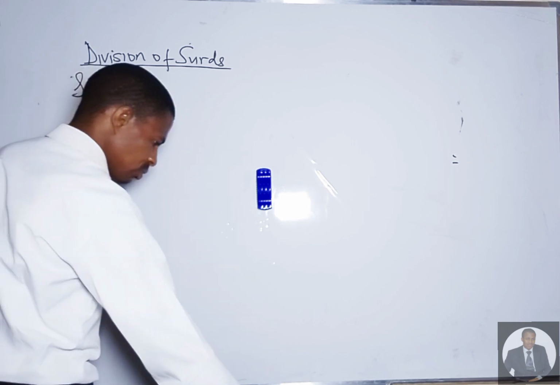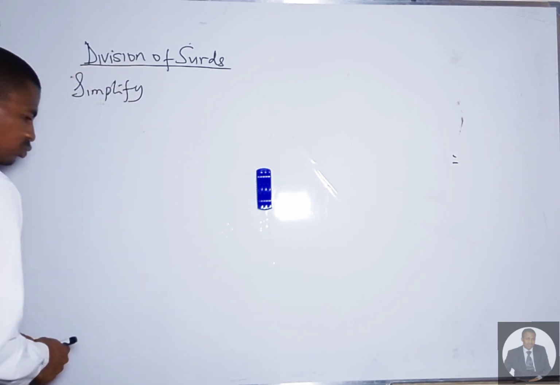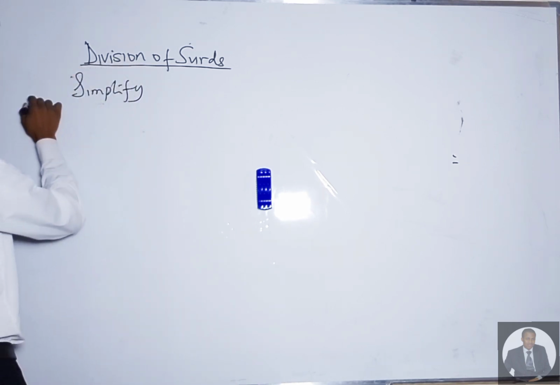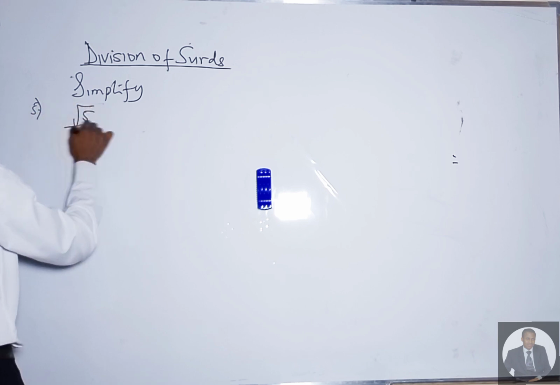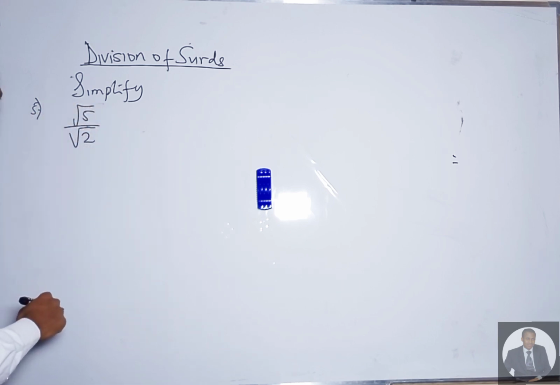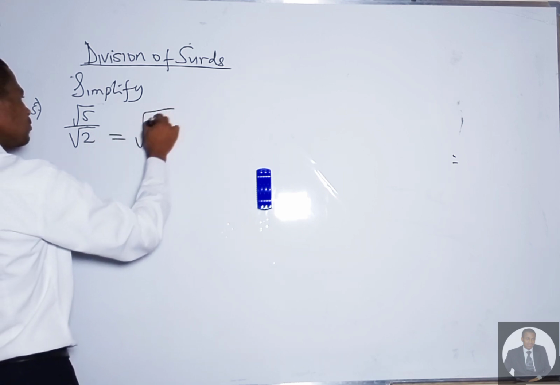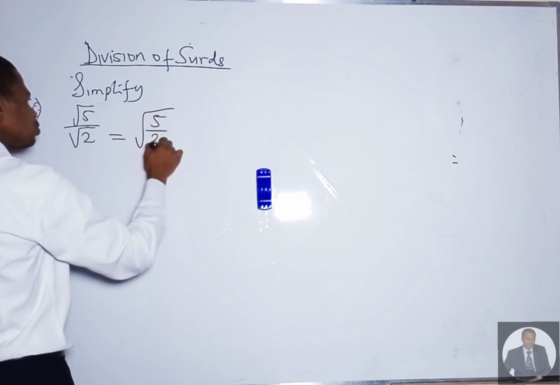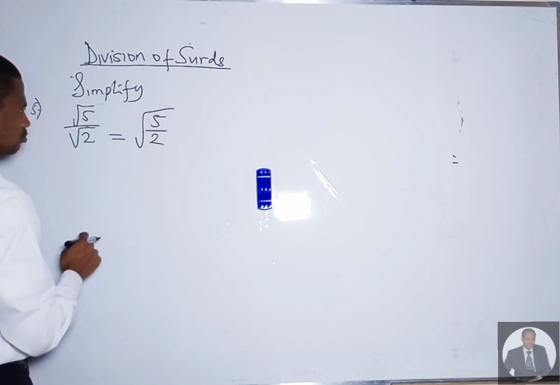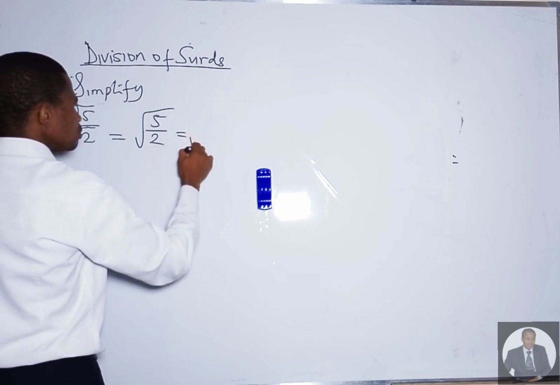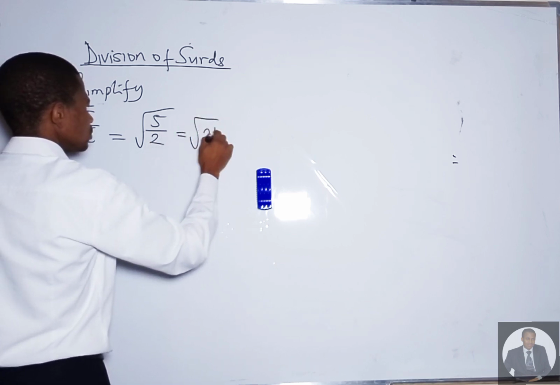Another question. Root 5 over root 2, same as saying the root of 5 divided by 2, and that is equal to 2 and a half.